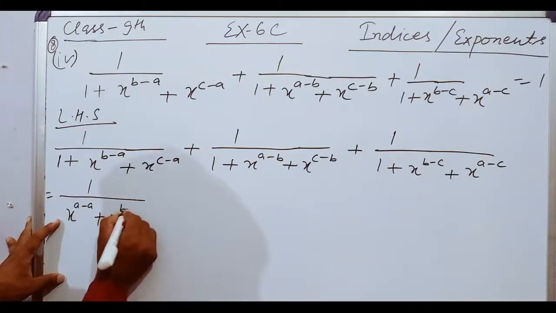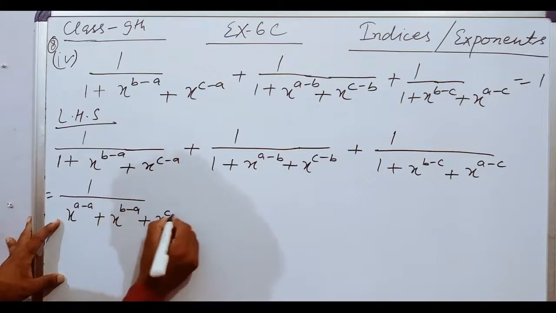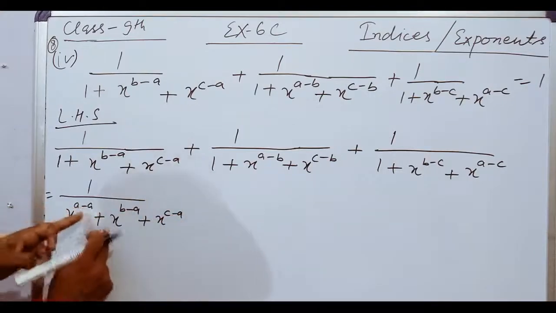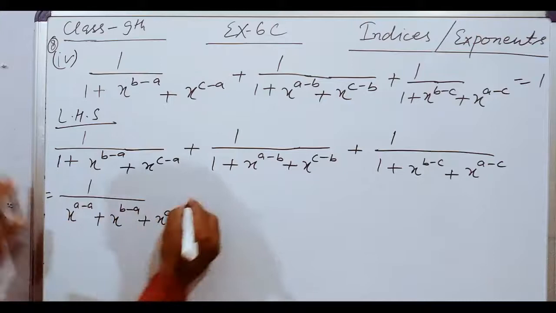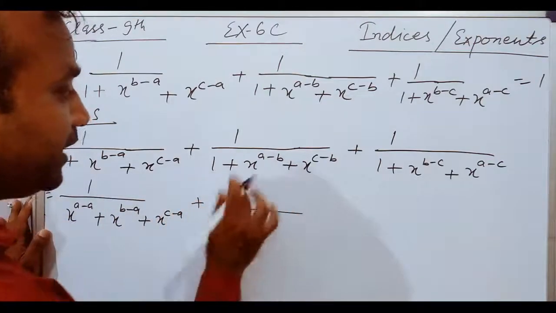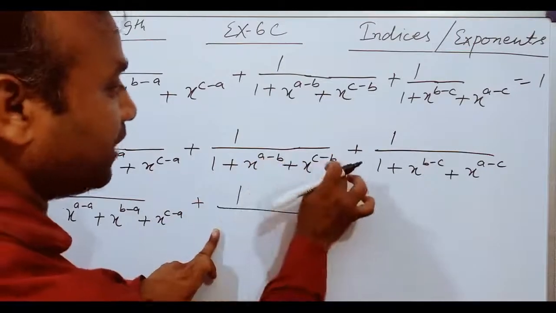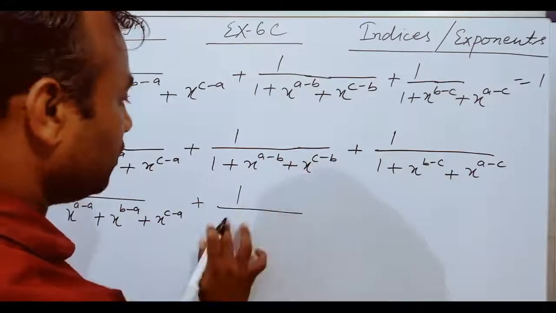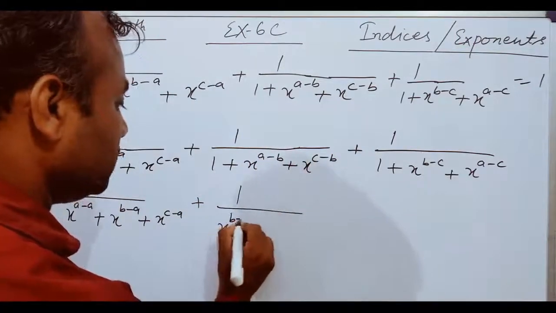x^(b-a) + x^(c-a) means a minus a, b minus a, c minus a. Okay, like this. 1 can be written x^(b-b), so the terms are a minus b, b minus b, c minus b. B minus b is not there, so we will write b minus b.